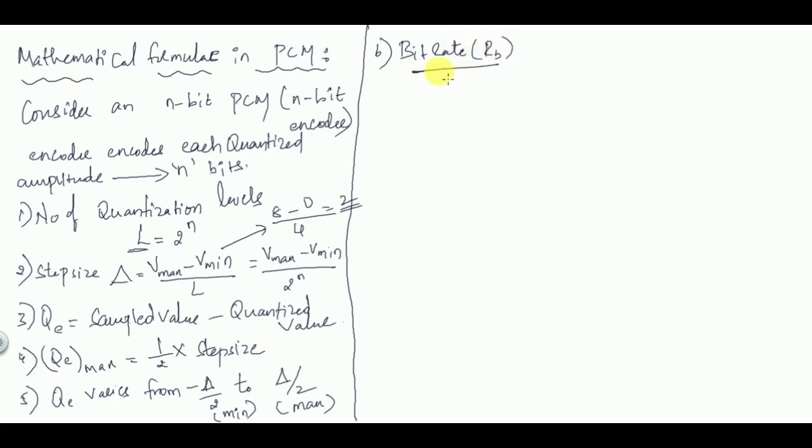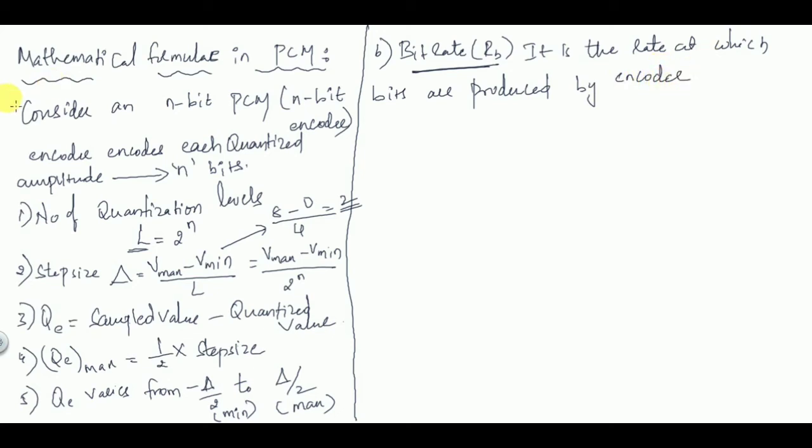Next, sixth is bit rate, which is represented by RB. Bit rate is the rate at which bits are produced by the encoder. So what does the encoder do? It converts the quantized value into corresponding bits. So the rate at which the bits are generated by the encoder per second is called the bit rate.